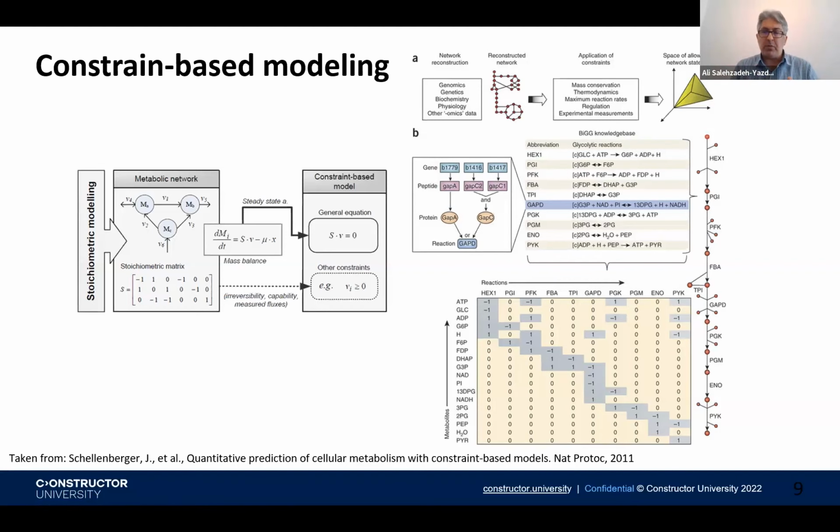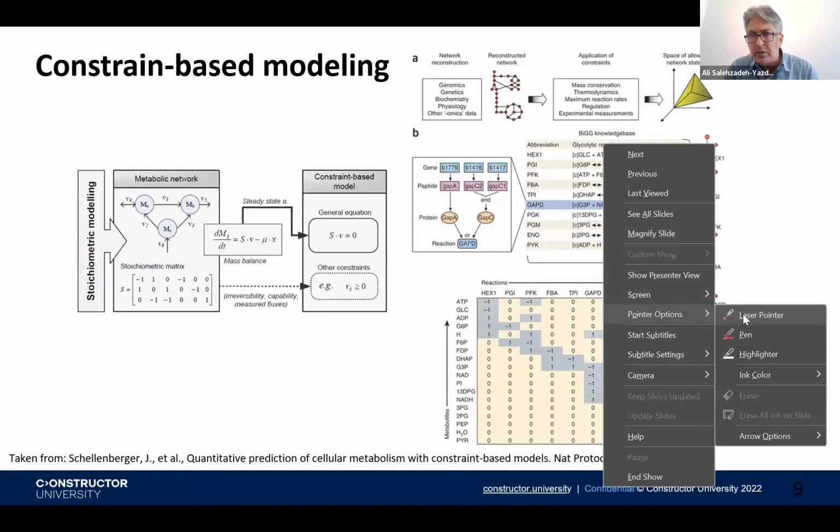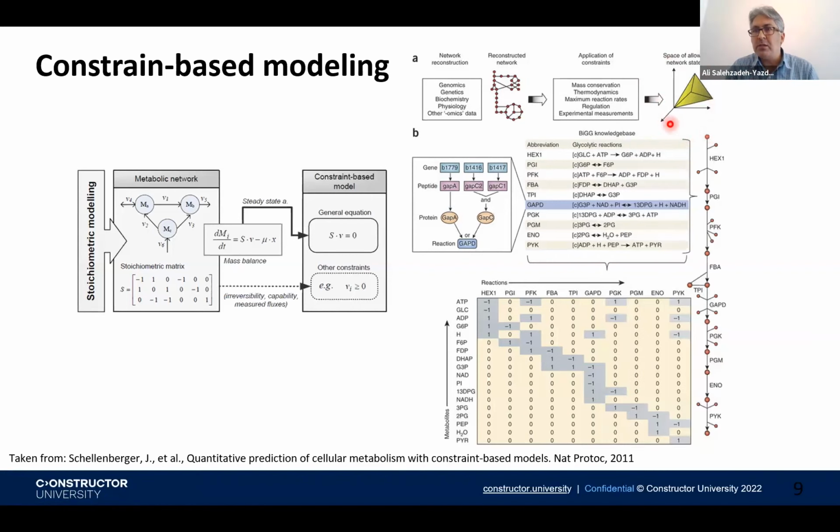So this stoichiometry matrix plus the vectors can shape a solution space. All the answers that we are looking for are inside the solution space. So how can we use the solution space?